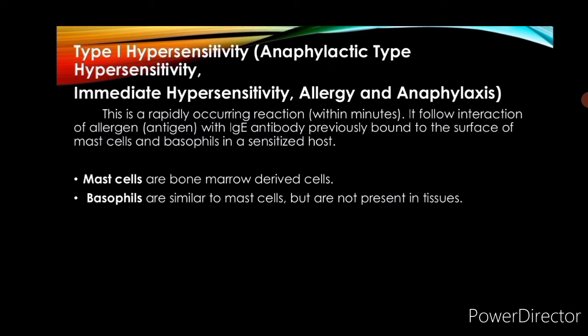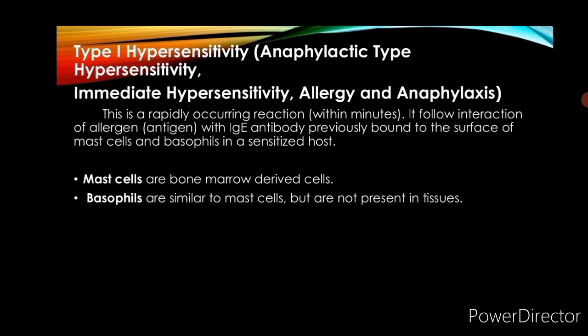The most significant cells in the development of type 1 hypersensitivity are mast cells and basophils. Mast cells are bone marrow-derived cells. They are present all over the body, but especially around blood vessels and subepithelial areas.